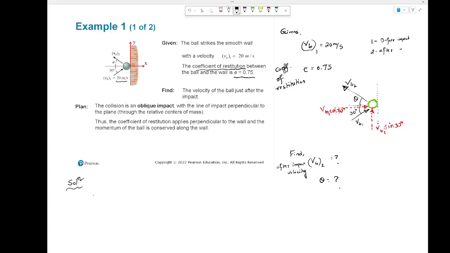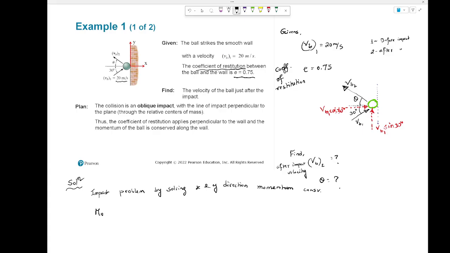Let me write the general statement: impact problem by solving x and y direction momentum conservation.